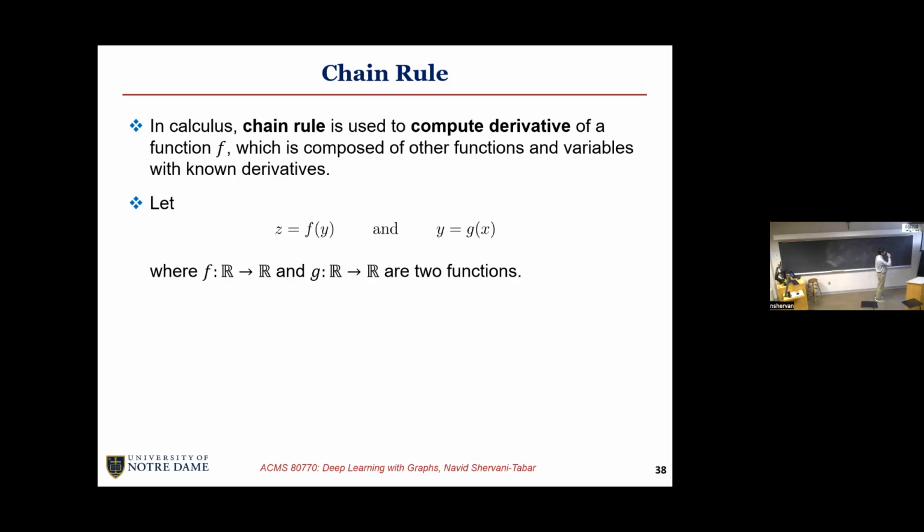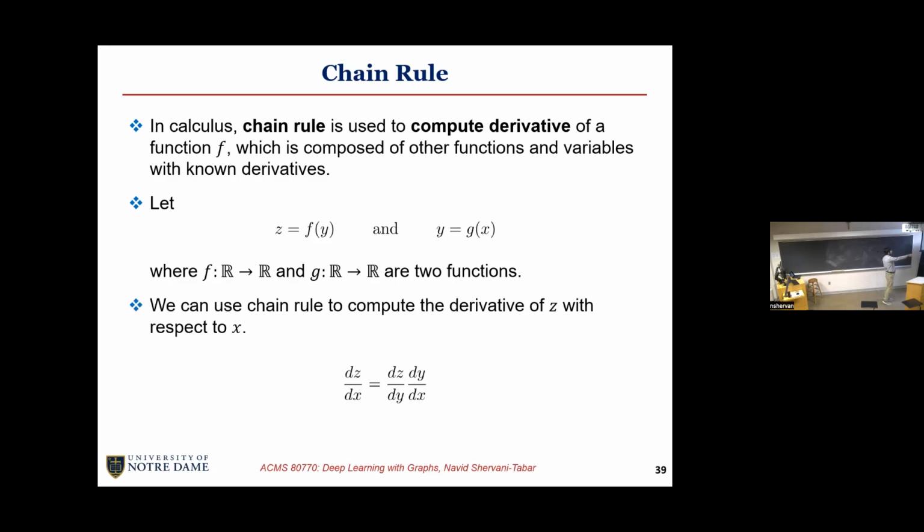So now, next thing, what I want to do is to find the derivative of this z with respect to initial input x. And the way to do that using chain rule is just writing that dz over dx is derivative of z with respect to y times derivative of y with respect to x, right? And that's going to give me dz over dx.